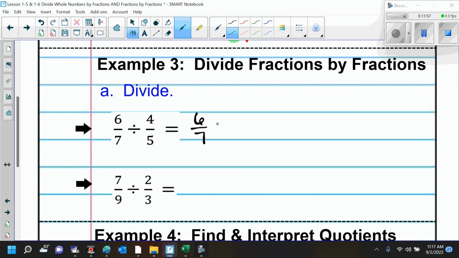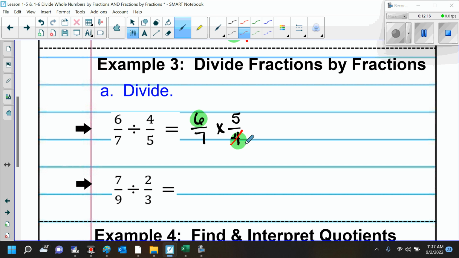The division becomes multiplication, and the 4/5 becomes 5/4. Very good. And then we can simplify before we multiply. Always simplify before you multiply to make it easier, right?